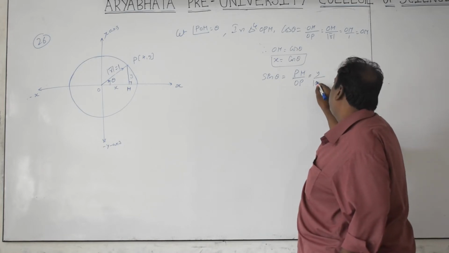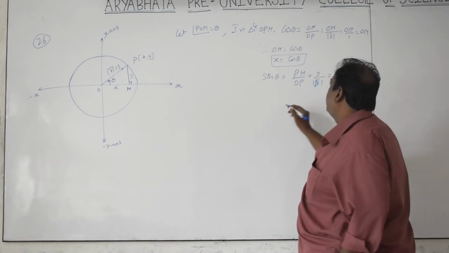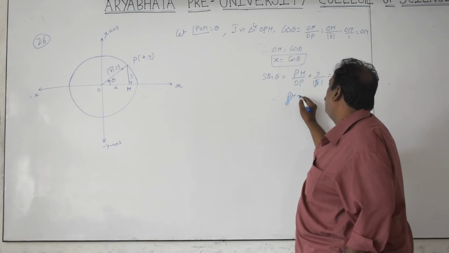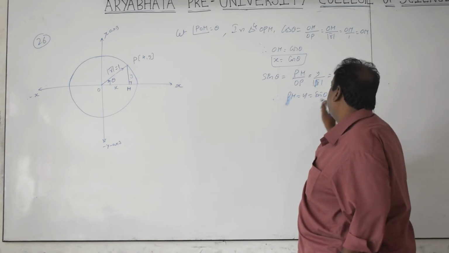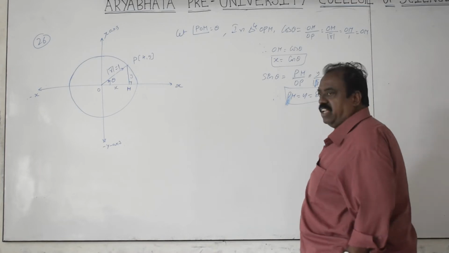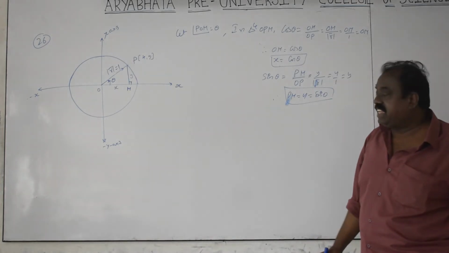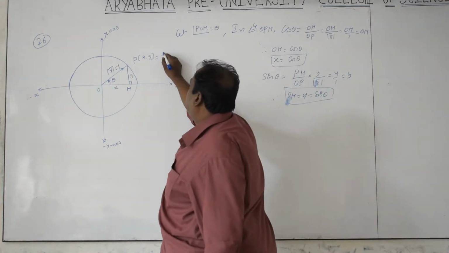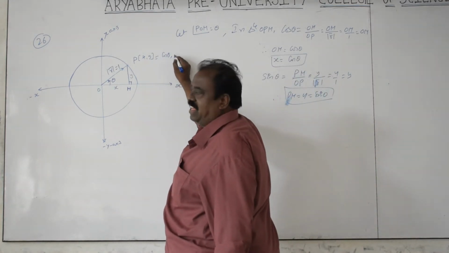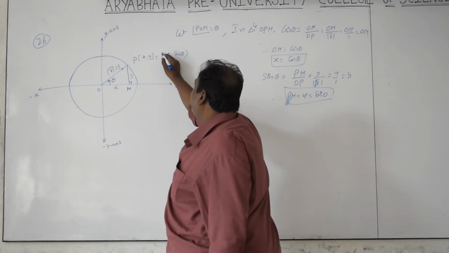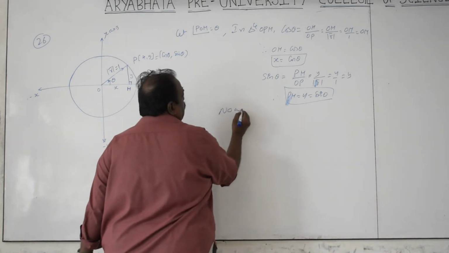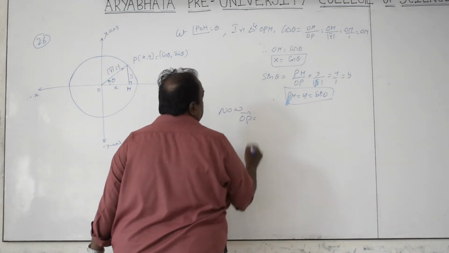OP is the modulus of R bar, which is nothing but 1, so PM is nothing but y, that is sin theta. So the x coordinate is cos theta and the y coordinate is sin theta. So we may write it as cos theta, comma sin theta. Now you see, then what is OP bar?